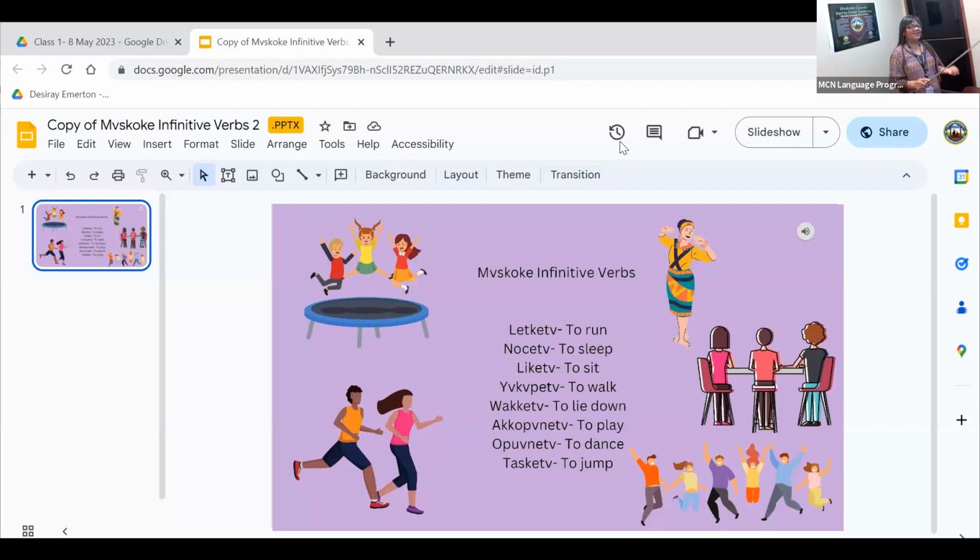I know I could say this morning, but for some reason when I'm talking right now, it's just like, woo. So I can break it down. Akopaneda, to play. And then you've got to dance. Opaneda. I'll have the slideshow in a second. And taskeda. For some reason, those two today are giving me a hard time.